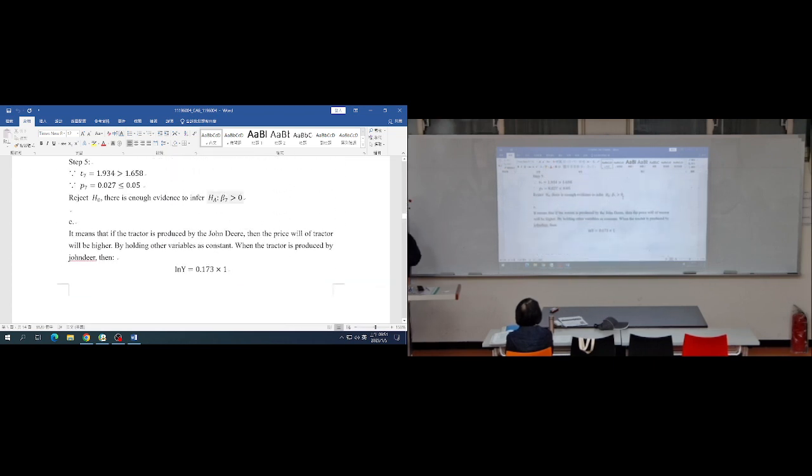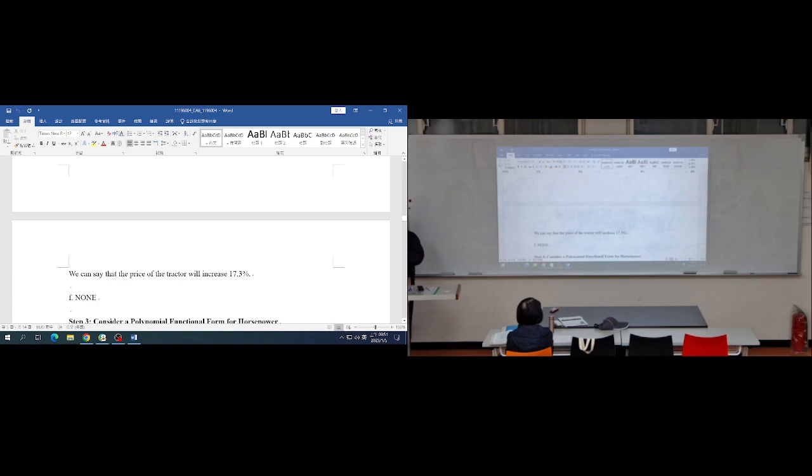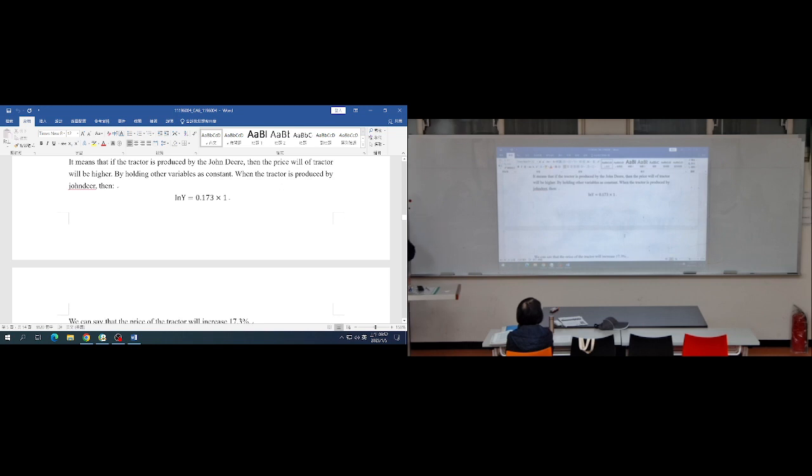My interpretation is like this: if the tractor is produced by John Deere, the price will be higher, so it has a positive relationship with the sales price. According to the result of the regression, when holding other variables constant, when the tractor is produced by John Deere, the price will increase approximately 17.3 because we need to multiply by 100 here.